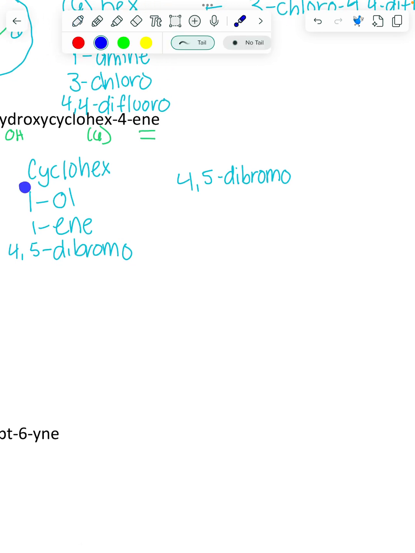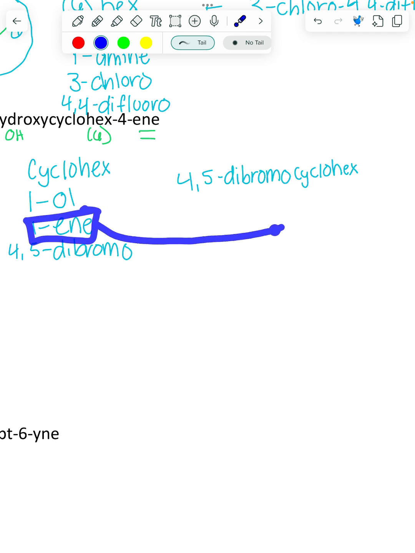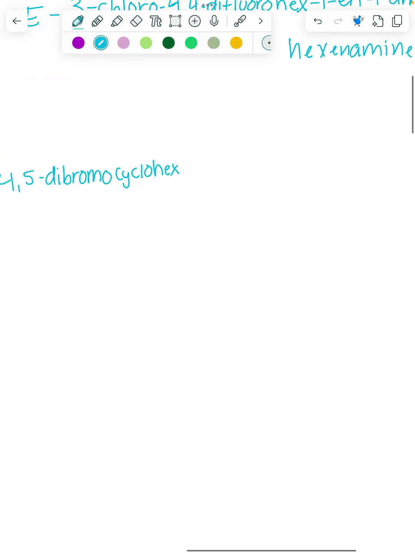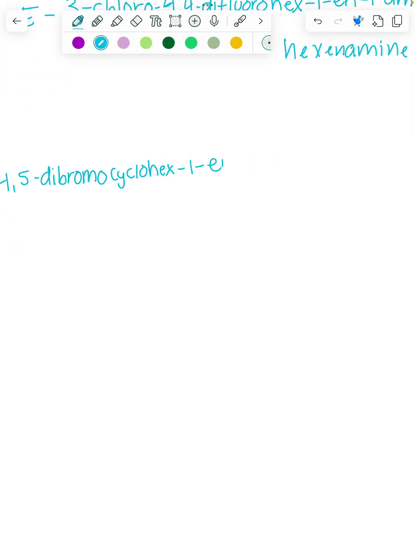Then we're going to add the cyclohex. And then out of these two priority groups, the ENE is going to start after the cyclohex. However, ENE ends with a vowel and OL starts with a vowel, so we're not even going to add that last E. So it's going to be 1-en-1-ol.